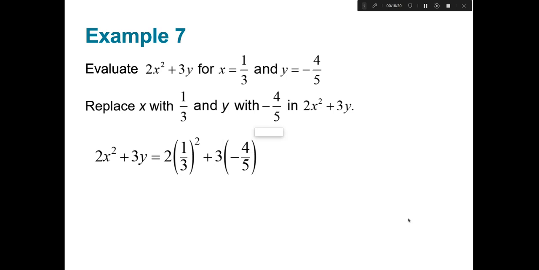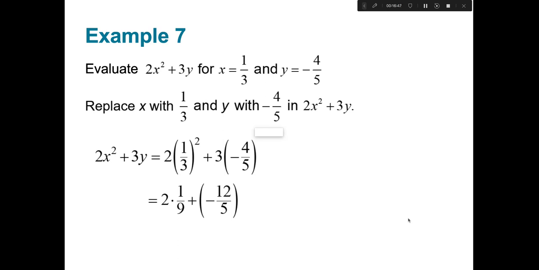Now I have these numbers right outside the parentheses. What am I doing with them? Multiplying them times what is inside the parentheses. So 2 times 1/9 gives me, remember there is that 1 underneath that 2.